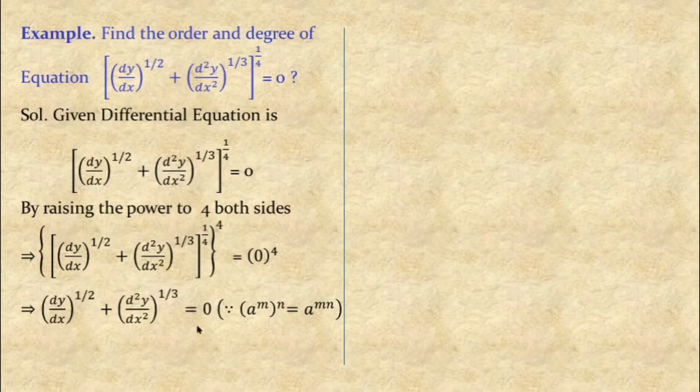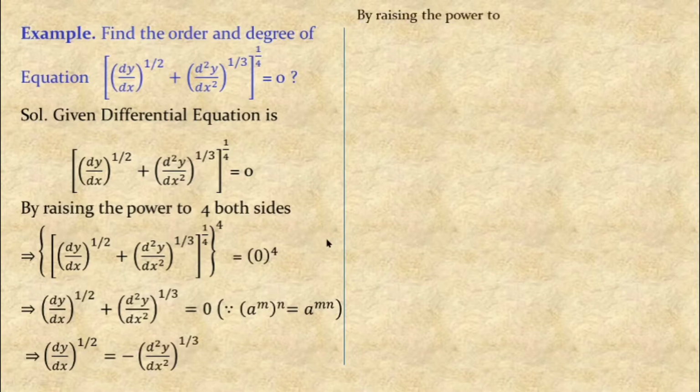Now this one is also not in polynomial form, because the power 1/2 is not an integer and the power 1/3 is not an integer. To transform this equation into polynomial form, first we bring this d²y/dx² term to this side, so we get it like this. Now we raise the power to 6 on both sides.